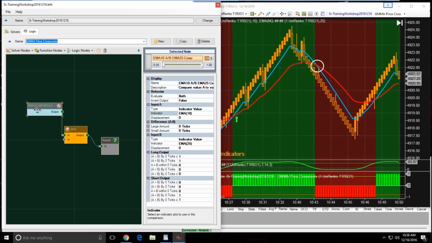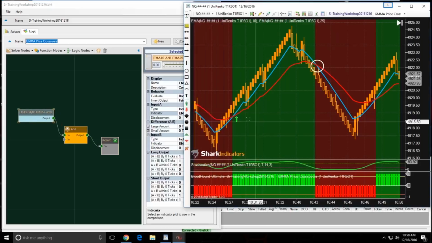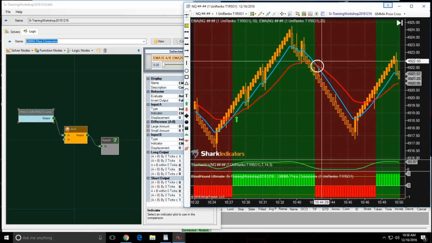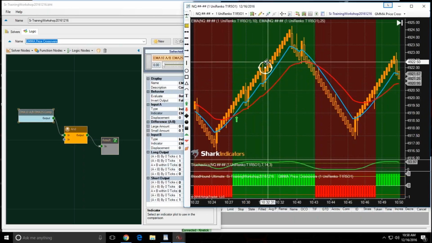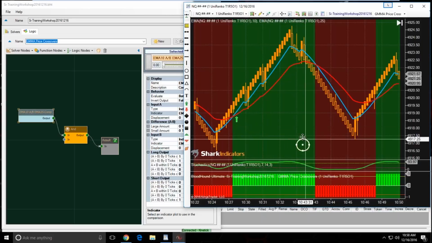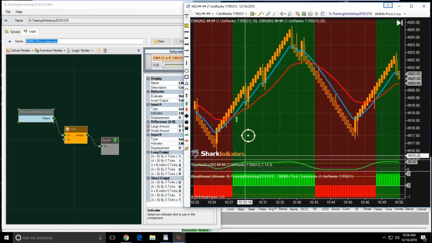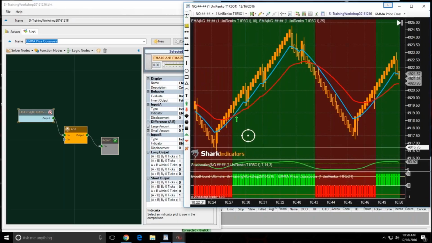So this solver with this output becomes a filter. Now when I look for these cross-up conditions, only the cross-up conditions are going to show up because they're getting filtered by the green output here. This will make sense in just a moment.